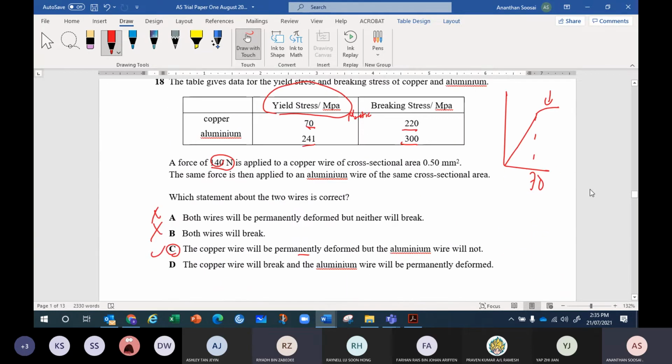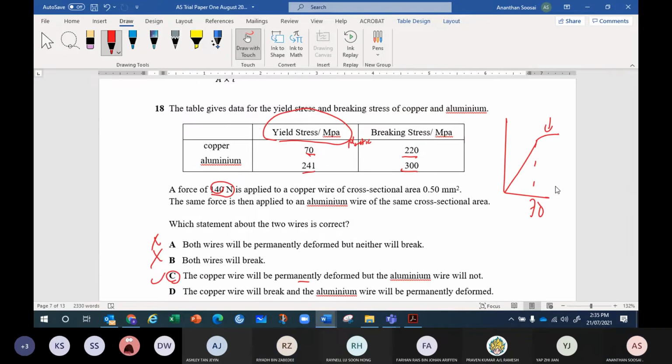Oh, MPa is megapascal. MPa is the megapascal, the amount of stress applied. So if copper, let's say this is your stress.